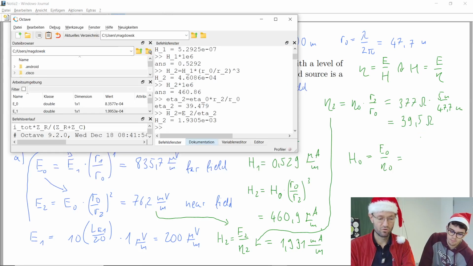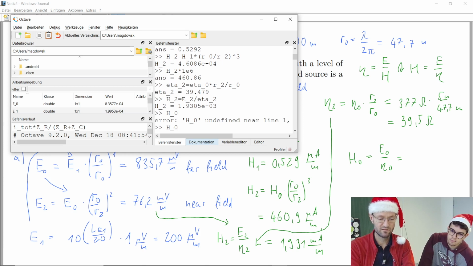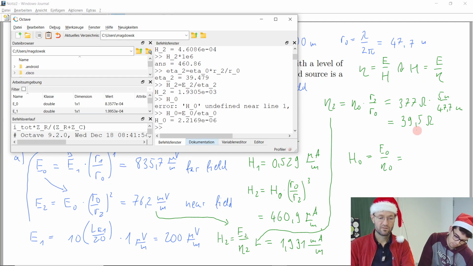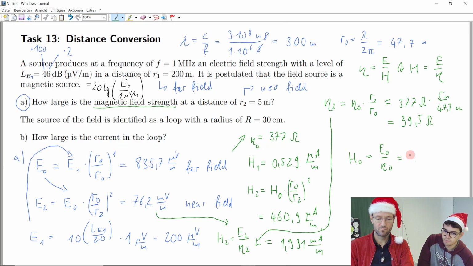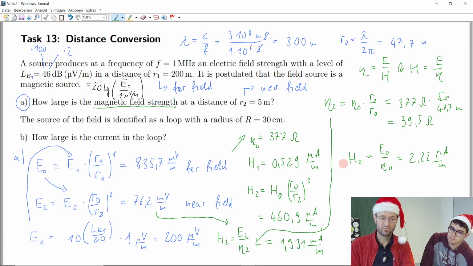So H0 is E0 divided by eta 0. And so then we get 2.22 microampere per meter. And now this is what we can take and insert here into this now corrected formula.